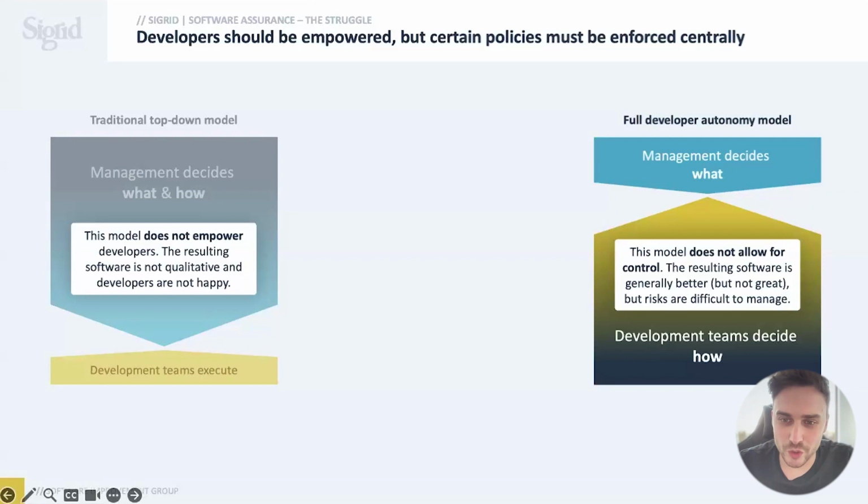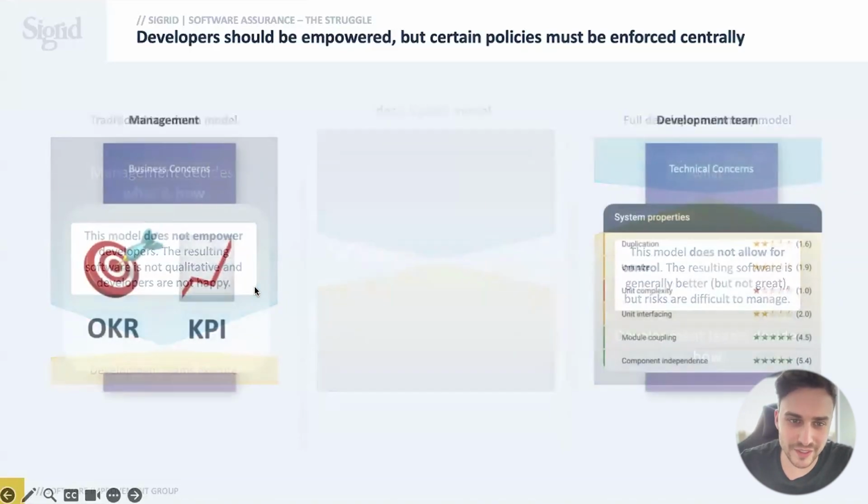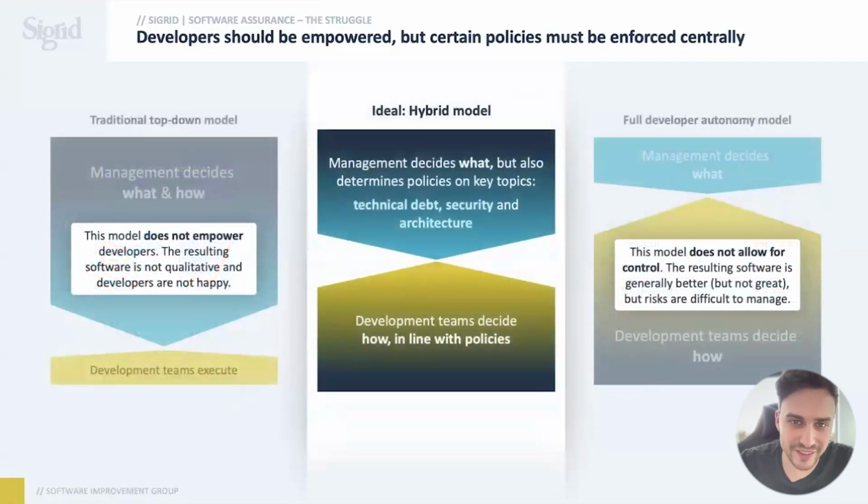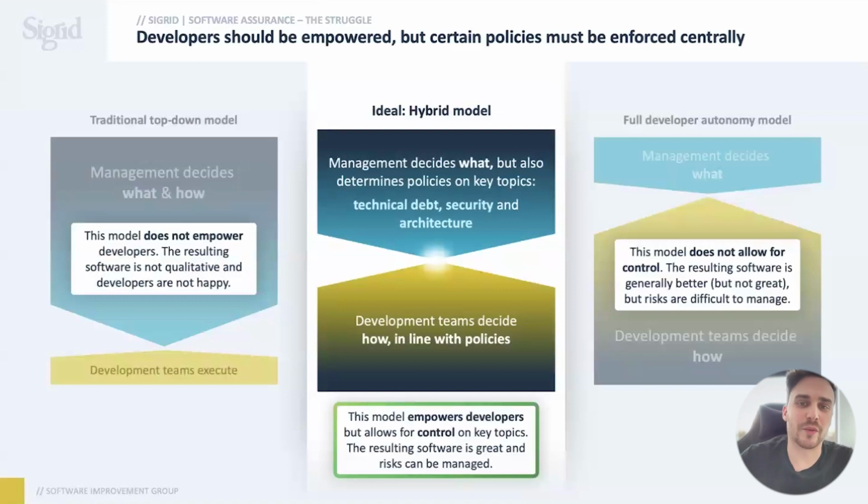And what you want to aim for is actually to work in this ideal hybrid model where management decides what needs to be implemented and also defines some policies. These policies can be, for example, objectives.